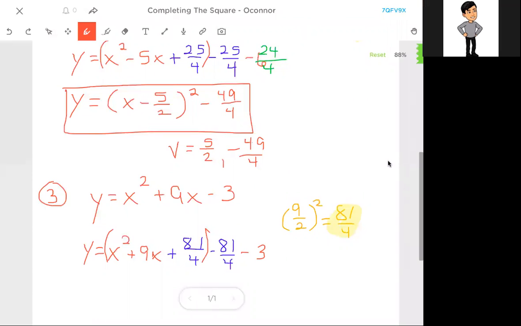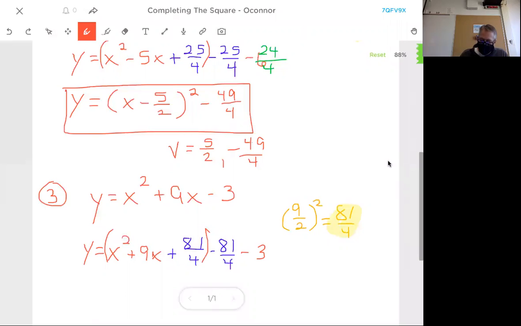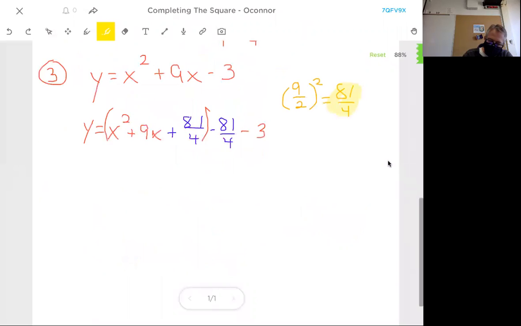Okay. Now we're going to have to factor that x squared plus 9x plus 81/4, and don't forget that half of the b term is going to be in our factor. So that's going to factor into x plus 9/2 quantity squared.